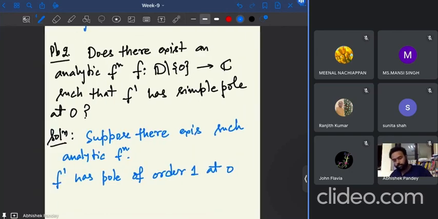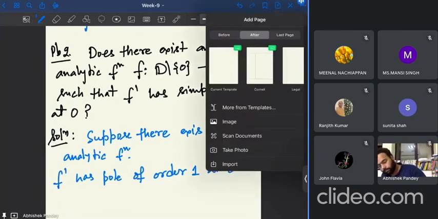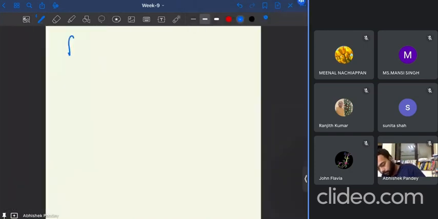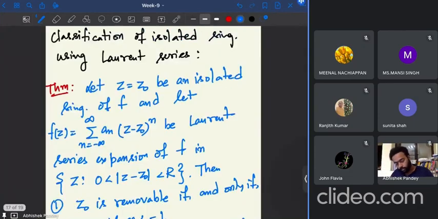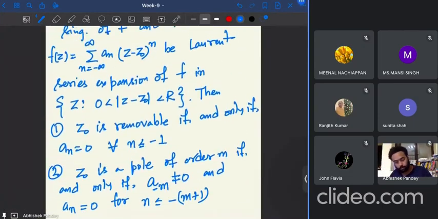By Laurent expansion, how can we write this f? Since f dash has a pole of order 1, a minus 1 will be non-zero, and the others will be 0.